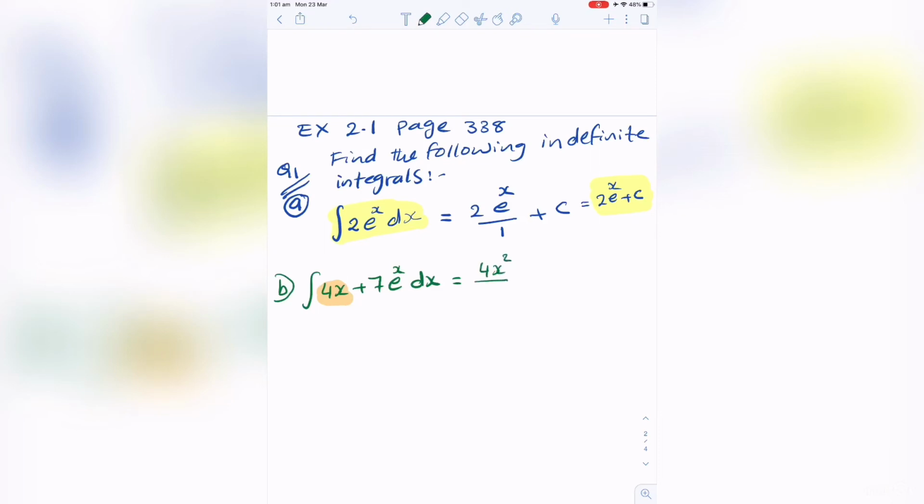So this is going to be 4x squared divided by 2 plus, what's the integration for 7e to the power x? In this case, we put the 7 down as it is, and e to the power x as it is as well, and we divide by the derivative of x, which is 1, right?